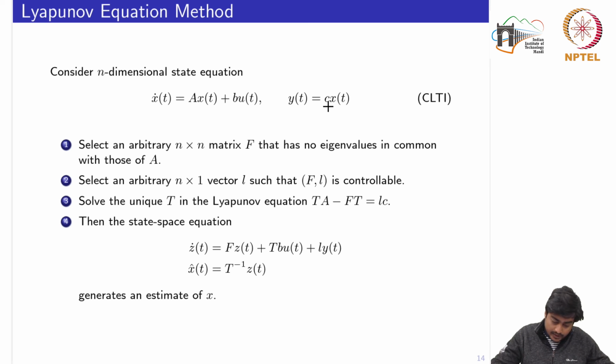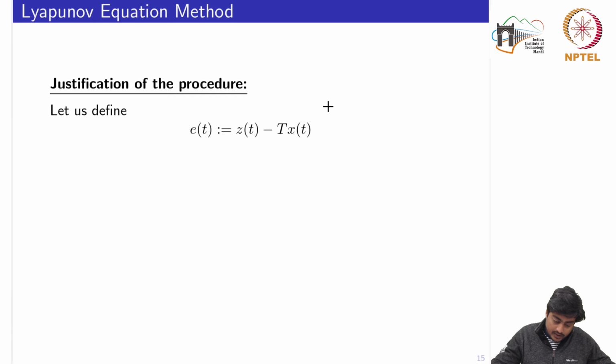So we can quickly see whether the observer we got by using the Lyapunov equation method would lead to a state estimation error equal to 0. Here we define the state estimation error as e equal to z minus T times x, where z is the internal state of the observer and x is the state of the plant.